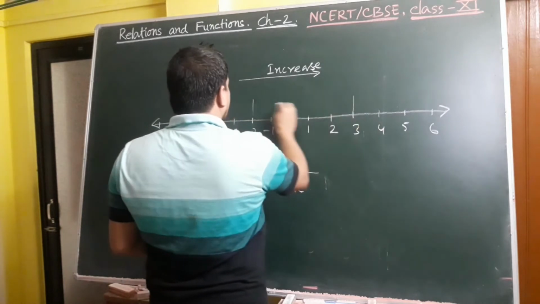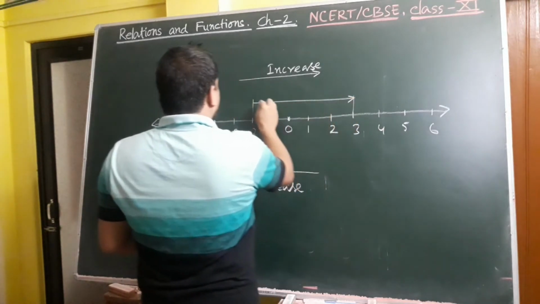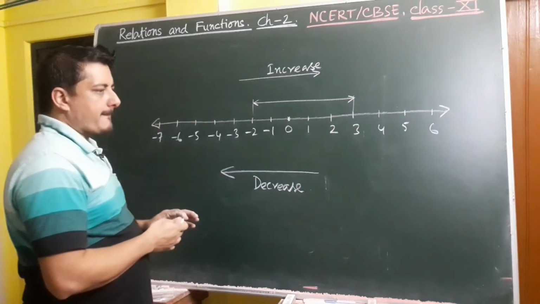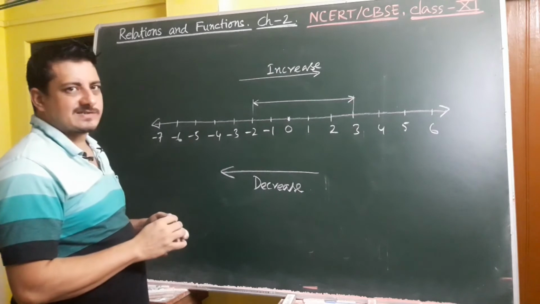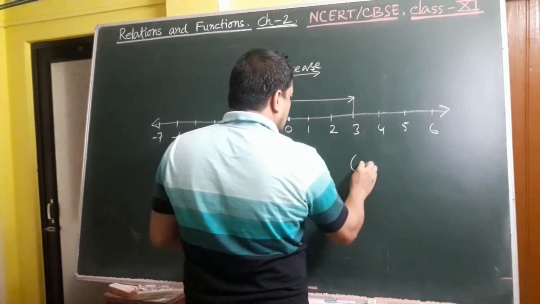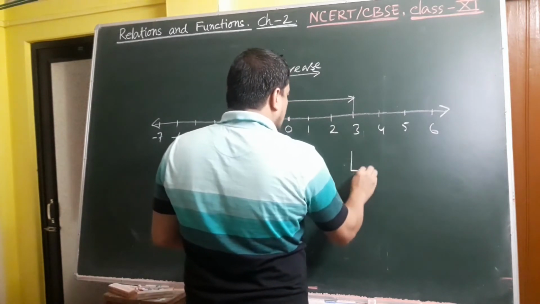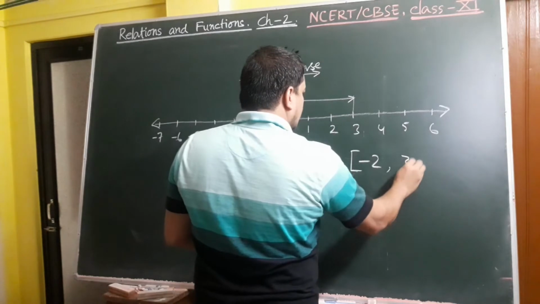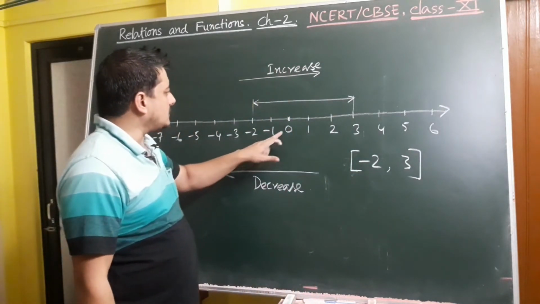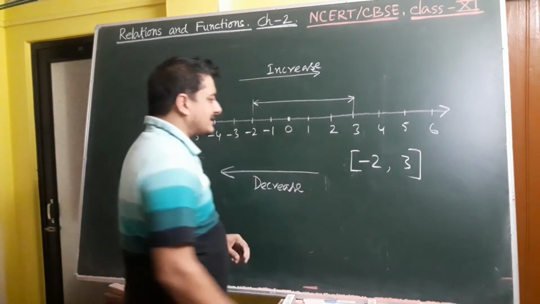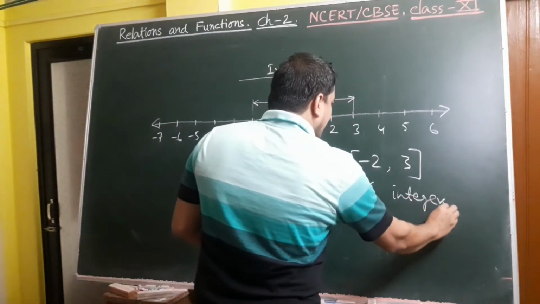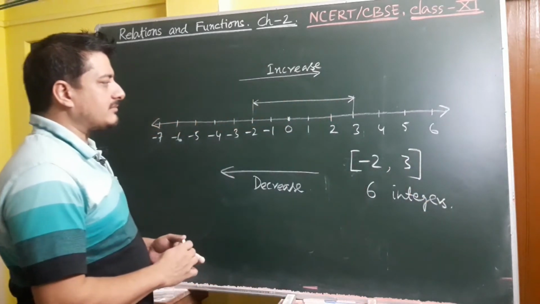Okay, so if I ask you any question, say from 3 to -2 in this window or band, how many integers are there? How many integers are there from -2 to 3? So there you can count them: 1, 2, 3, 4, 5, 6. There are 6 integers. And how many real numbers are there?